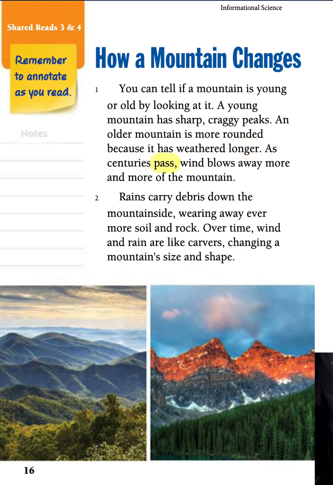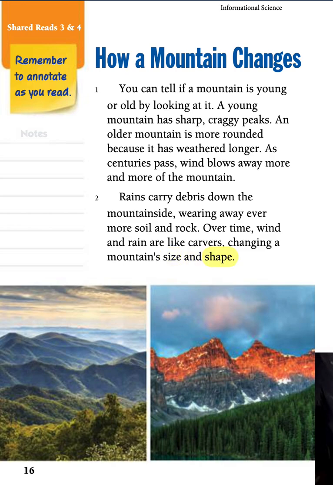As centuries pass, wind blows away more and more of the mountain. Rains carry debris down the mountainside, wearing away ever more soil and rock. Over time, wind and rain are like carvers changing a mountain's size and shape.